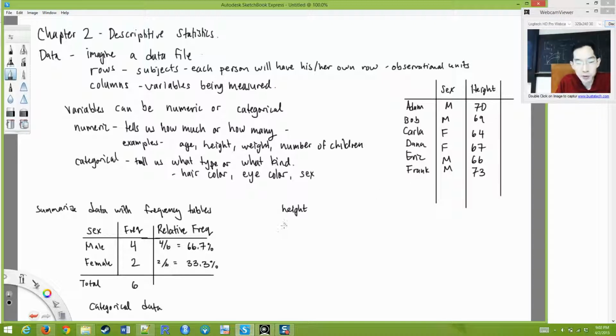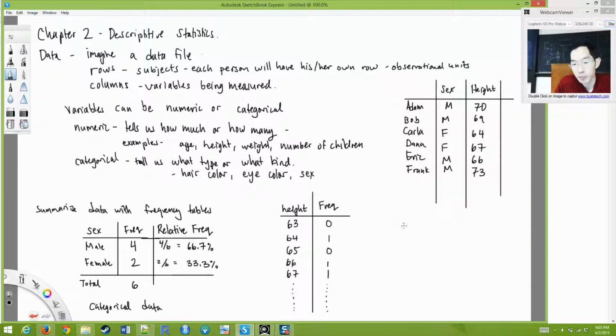So for one frequency table, we can take the height, and this is going to be a very terrible table, but I would list off all of these heights, and I would go 64, 65, 66, 67, and so on, and I would count the frequency, and I would say, okay, well, there are 0 people who are 63, but then 64, there's 1. 0 people who are 65, 1 person who's 66, 1 person who's 67, okay? And so on and so forth, and the data would continue.